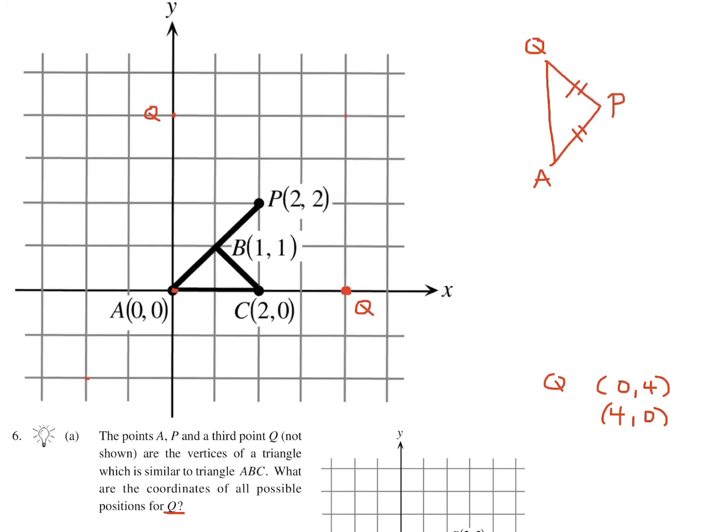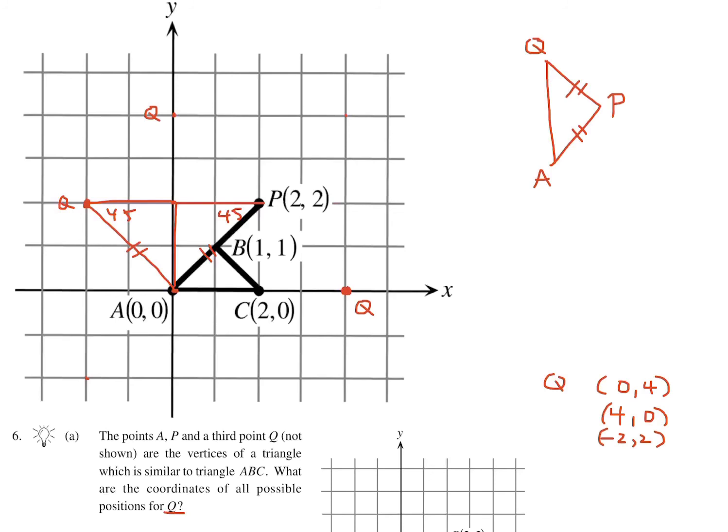Well, can we go 2 up and then 2 to the left and make Q here? And I believe we can, because then the triangle would look like this. These are the same sides and this is 45 degrees. All right, so this Q looks like minus 2, 2.